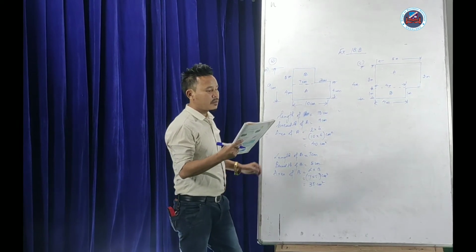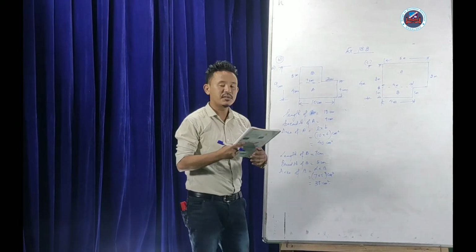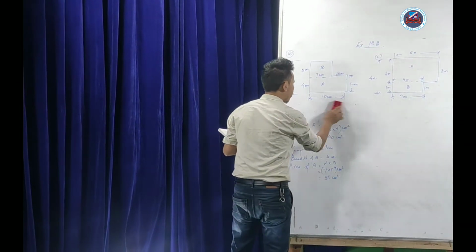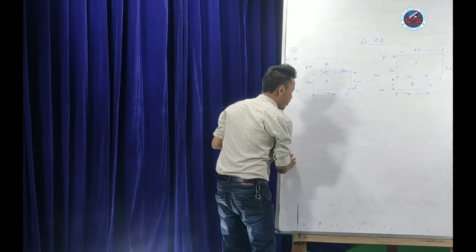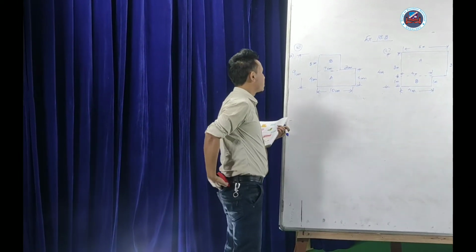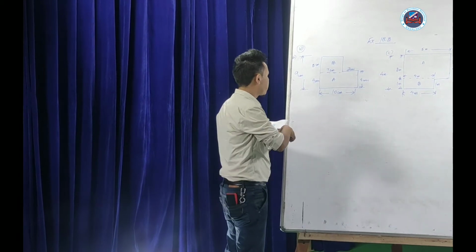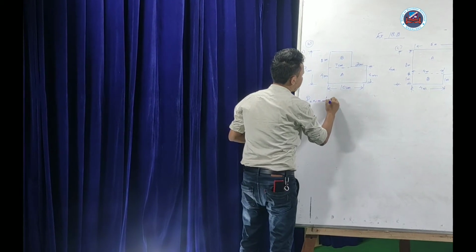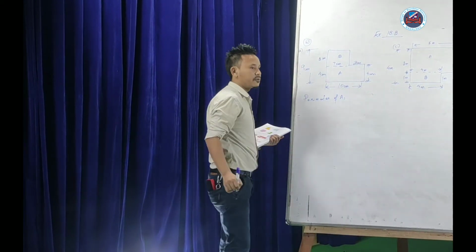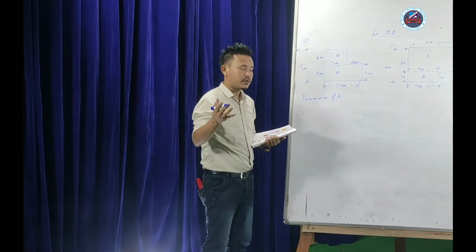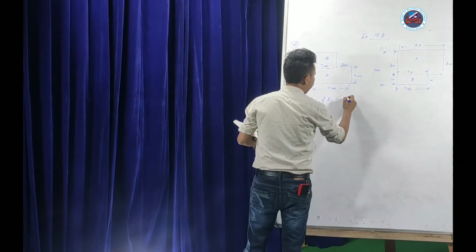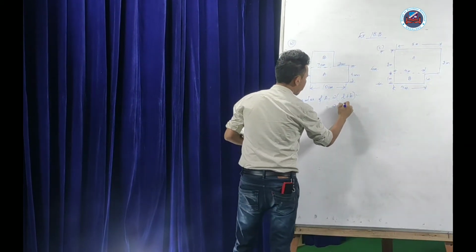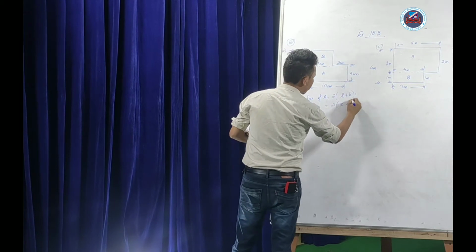The question says work out the area. The area is done. Now we are asked to find also the perimeter. Perimeter of A: we know the formula for the perimeter of a rectangle, that is 2 bracket L plus B. Length we have 10 centimeter, breadth we have 4 centimeter.